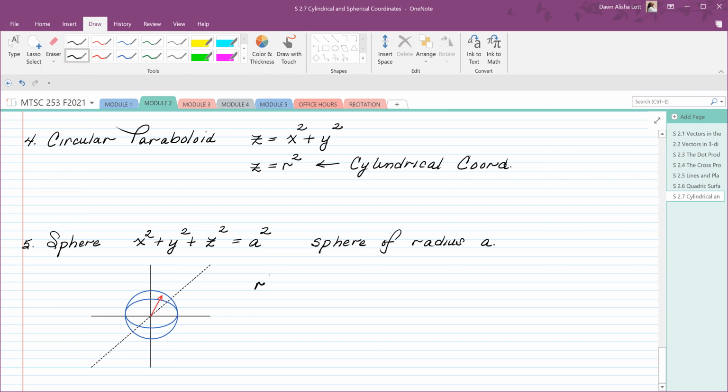So we would get r squared plus z squared is equal to a squared. And so that is it in cylindrical coordinates.